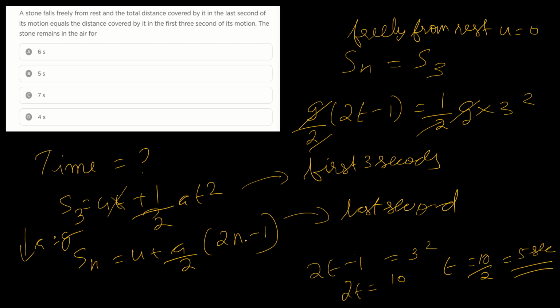That's why instead of n we can give t, and this t we have to find, because we have to find the last second. Answer is 5 seconds, so the option is B. It's a very good question. It's a sure question for AIATC 2024. Let's go to the next question.